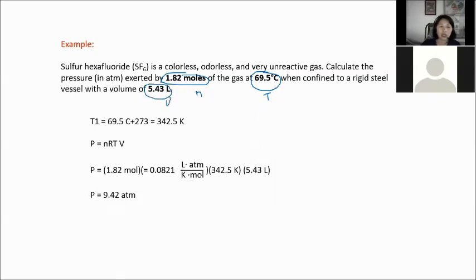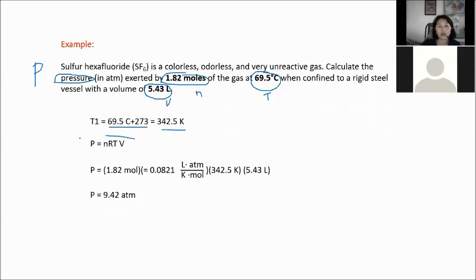So this is V. Given V, n, and T, we are going to solve for pressure. P is unknown. Since we are given 69.5 degrees Celsius, let's add 273 para ma-convert yan to Kelvin.